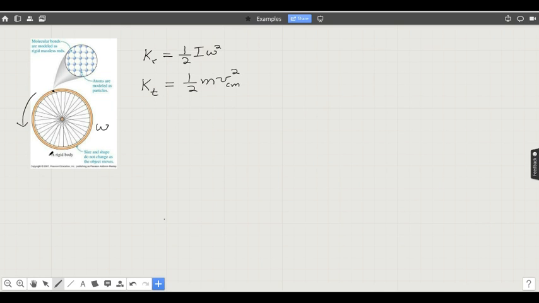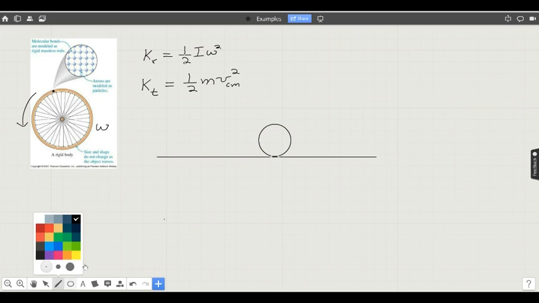So imagine we have our bicycle wheel. Let's draw the ground here, and let's draw a bicycle wheel. Here's our wheel, and let's say we let the wheel rotate around like this, but at the same time it's moving forward.